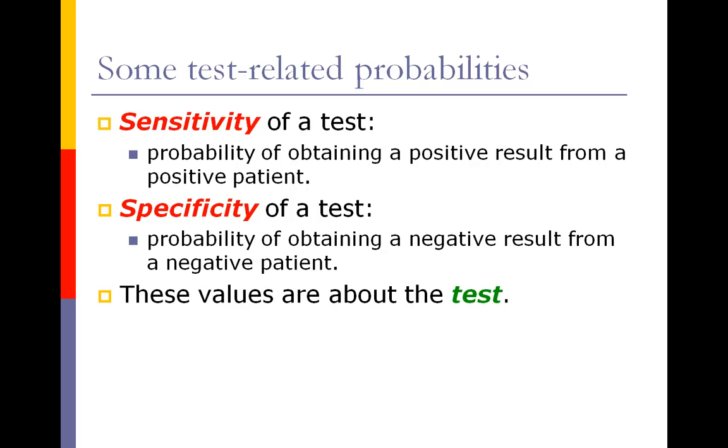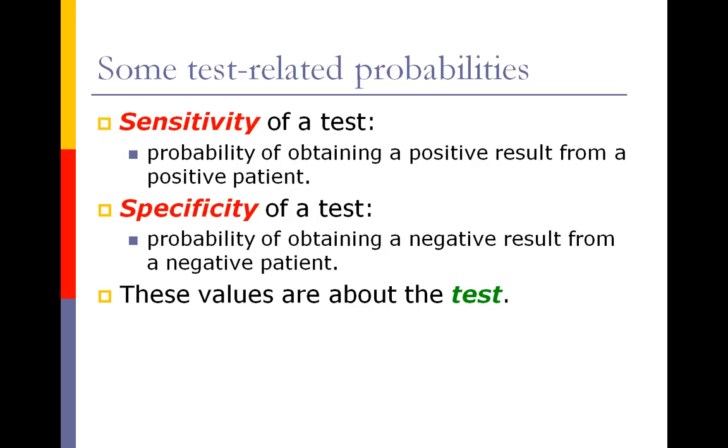Now, notice that both of these values are actually values that give information about the test. It tells us how good the test is, right? So out of many patients who are positive, how many will the test be able to pick up correctly, both in the positive and the negative directions? Okay. But as a nurse, you're probably going to be interested more in finding probabilities that have to do with the patient, not with the test.